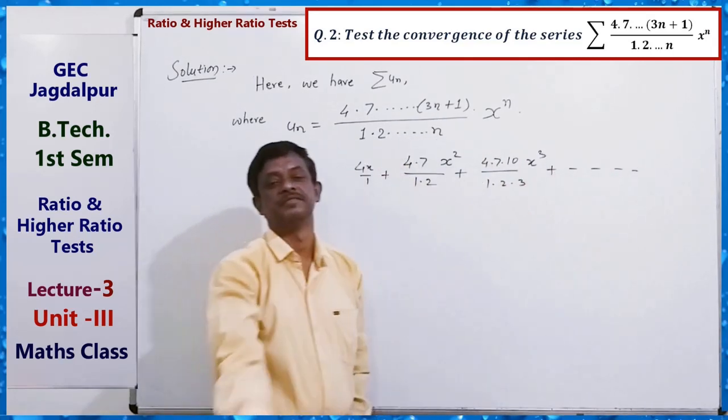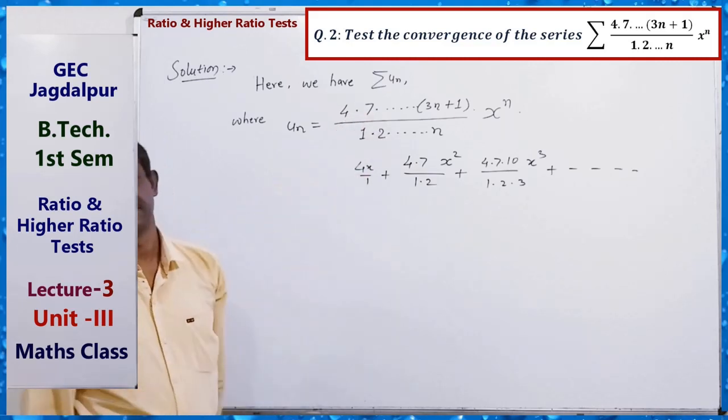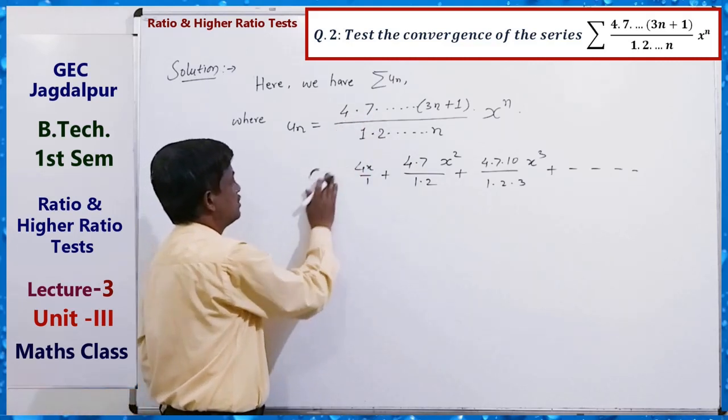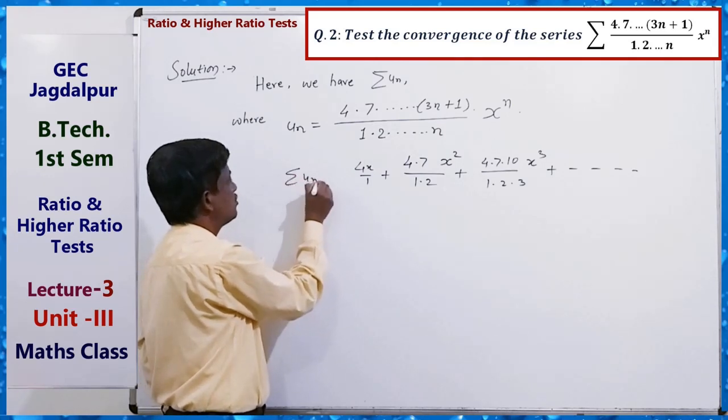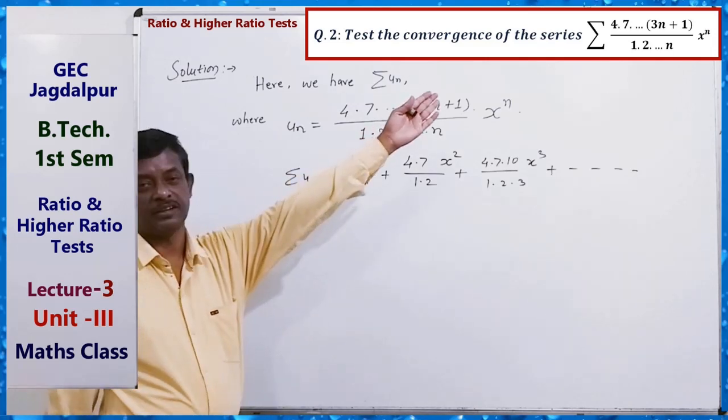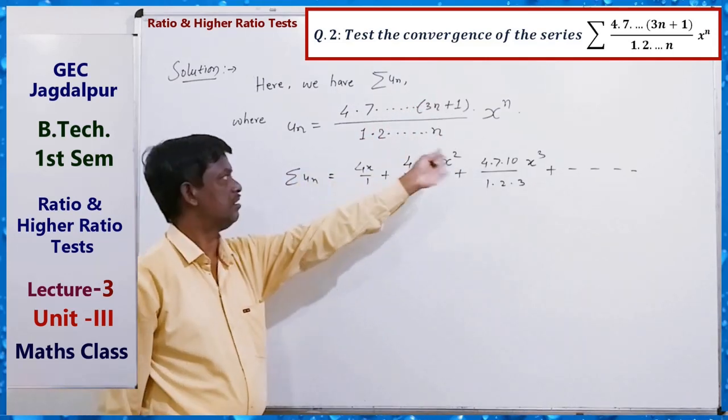This is the series. So the nth term is this. The series can be written also like this, summation un equals this. This is the series. So you have to write what? Here already given un equal to this.